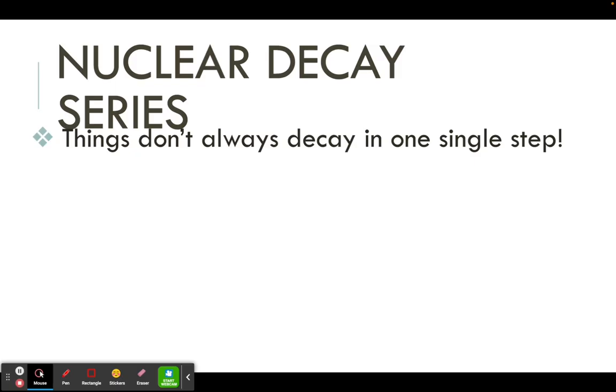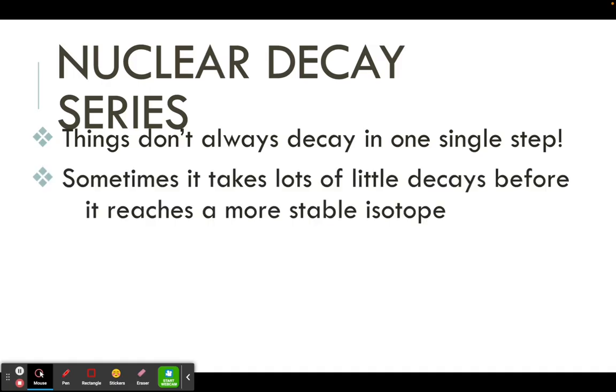It often doesn't exactly occur in that single step. Usually, that single step is just one step in a series of many steps. Sometimes it takes a lot of these little steps to reach a more stable isotope.